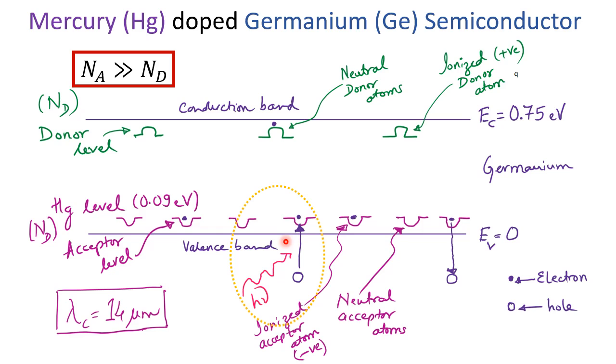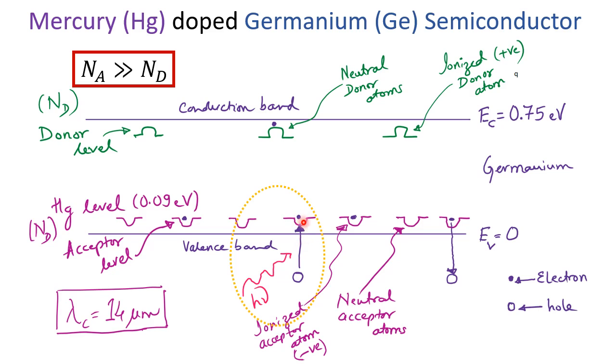All right, the main process that happens is this, dotted in yellow. When the photon comes in, it basically releases an electron from the valence band of the germanium, and the electron makes a transition to one of these acceptor atoms, right? Because they can actually hold the electron.